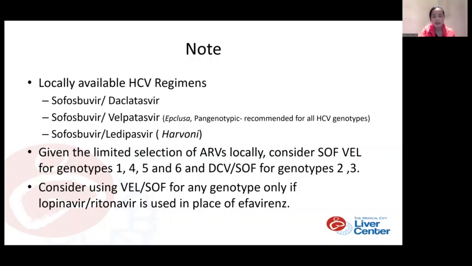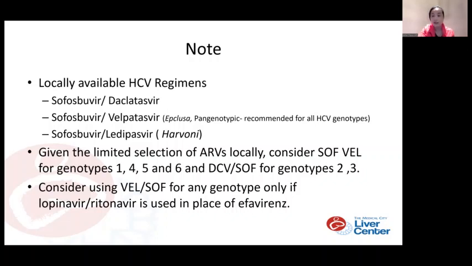And given the limited selection of ARVs locally, as well as the limited HCV regimens that we have locally, if available, you can consider sofosbuvir, velpatasvir for genotypes 1, 4, 5, 6. So these are the easier to treat genotypes, and sofosbuvir, daclatasvir for genotypes 2 and 3.